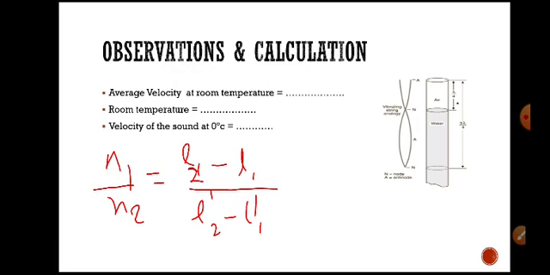By using this N1 by N2 equals L2 minus L1 by L2 prime minus L1 prime of the second tuning fork, you can compare the two tuning forks.